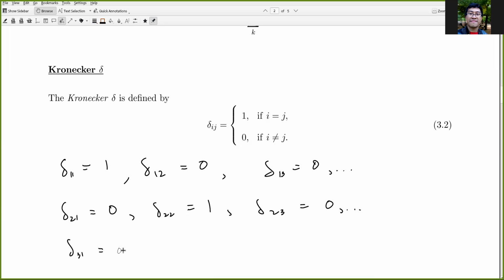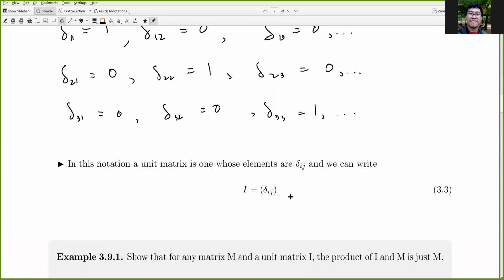Delta 3 1 is 0. Delta 3 2 is 0 because the indices are different. Delta 3 3 is 1, and so on. So you can keep on going. In this notation, a unit matrix is one whose elements are the Kronecker delta, and we can write I equals delta ij.